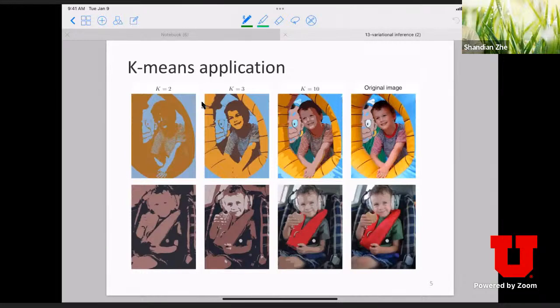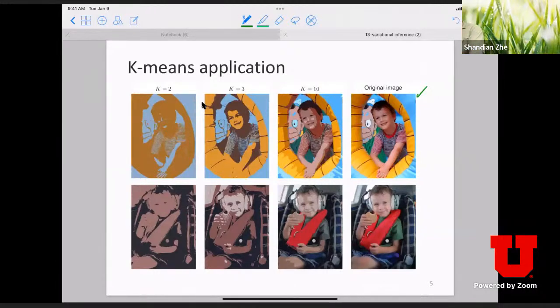If we cluster the pixels in this picture, we get different clusters of pixels representing different meanings, and the meaning of the clusters will vary when you change the number of clusters.